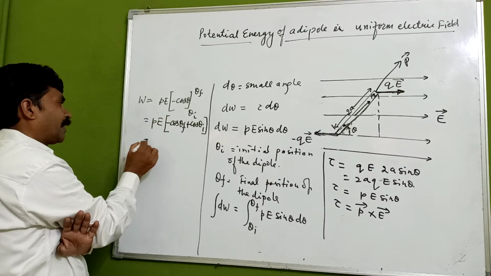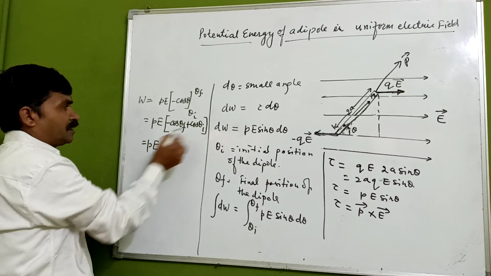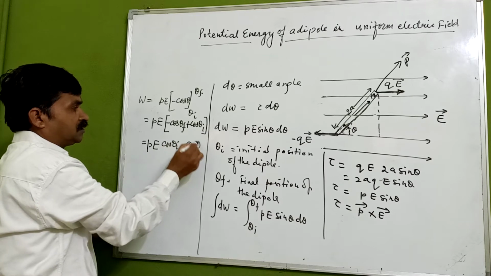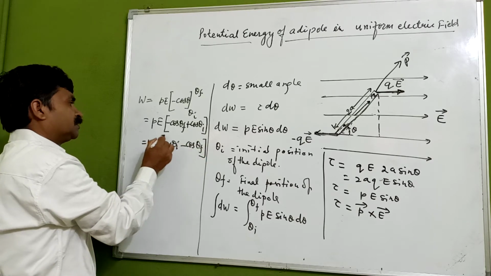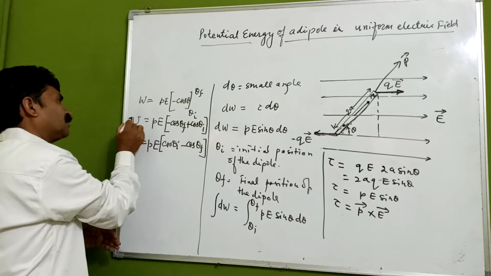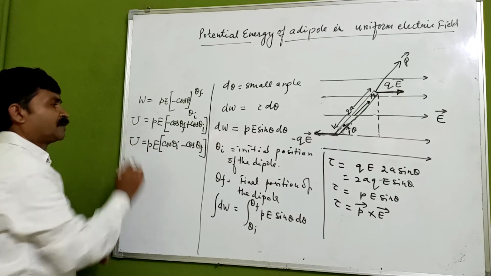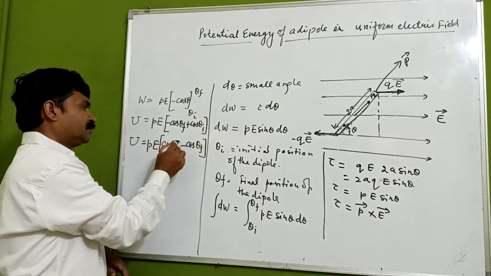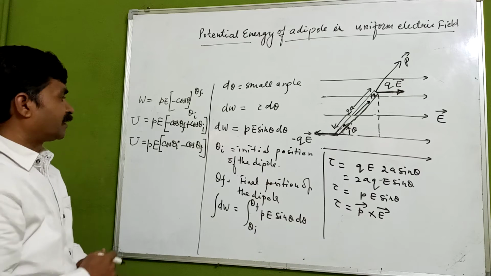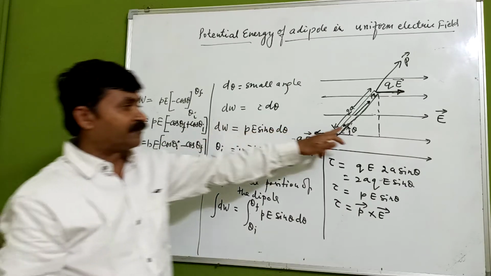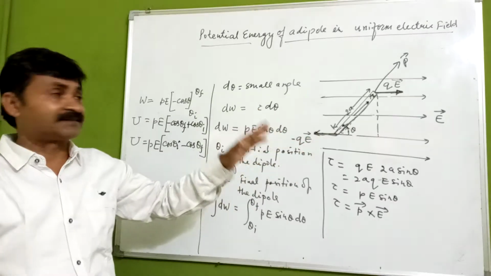Finally we can write it like this: W equals pE times cos theta i minus cos theta f. This is the work done, and this will give the potential energy of a dipole. This is the relationship we get for the potential energy of a dipole kept in a uniform electric field.